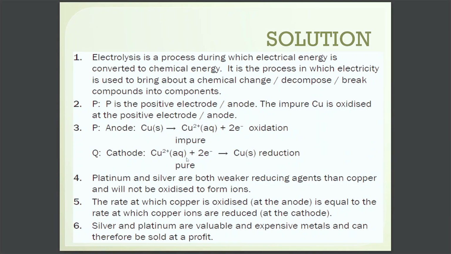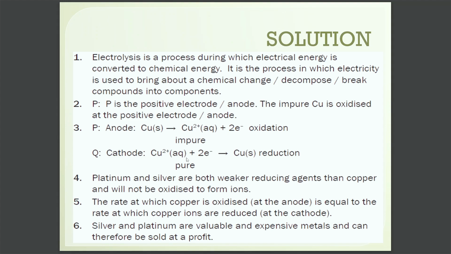Those things are going to help you to explain how you arrived at the answer. So in this case, we are going to say P is the one that has impure substances.